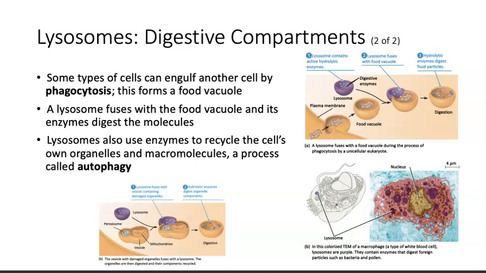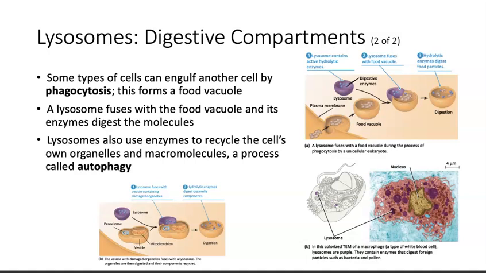Not only do lysosomes act as a digestive system in general for any important food products that come in, but we can also think about how they do that. Some cells will actually engulf food in a process called phagocytosis. That literally means cell eating.